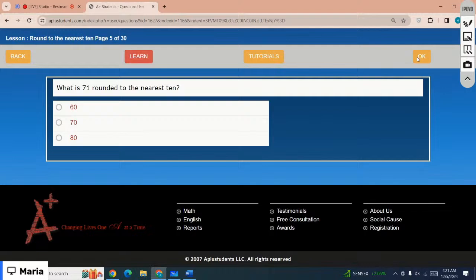What is 71 rounded to the nearest 10, which is the correct option? Is it 60, 70, or 80? 71 is rounded off to.